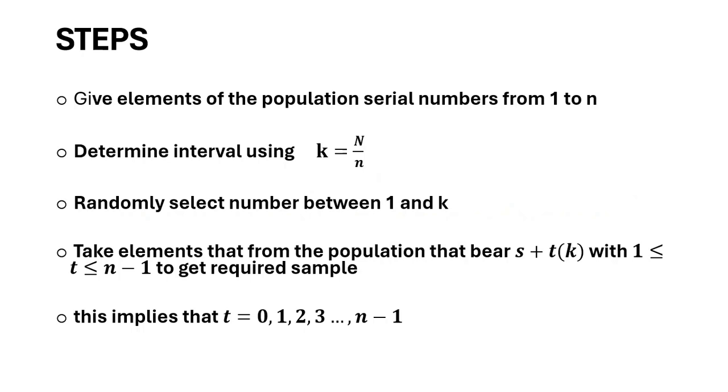Then we randomly select any number s between 1 and k. And then we take the elements from the population that bear the equation s + t·k, where t is greater than or equal to 0 and less than or equal to n − 1.